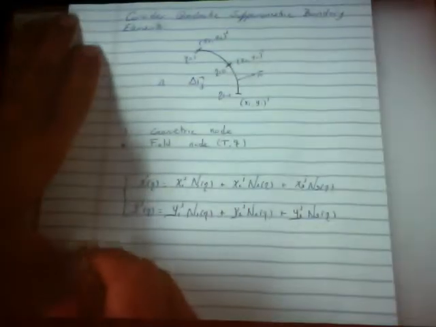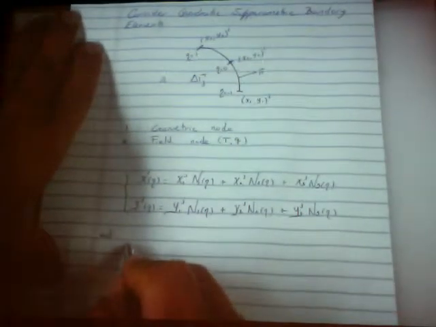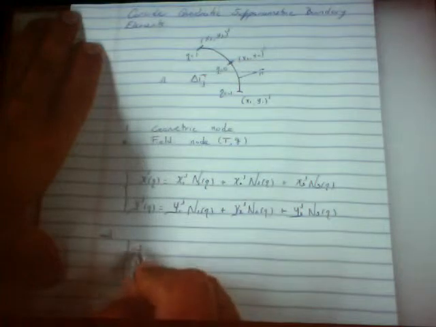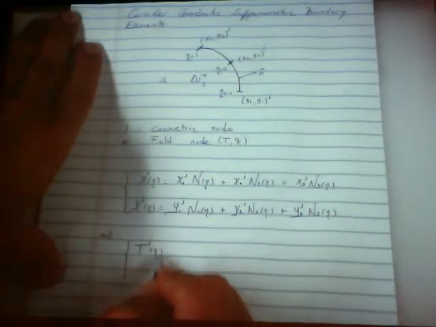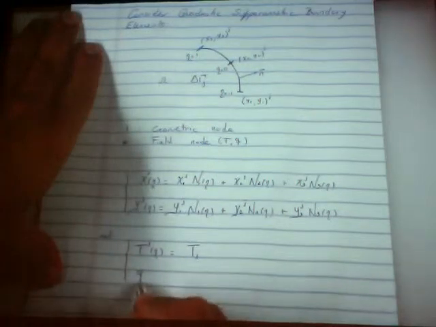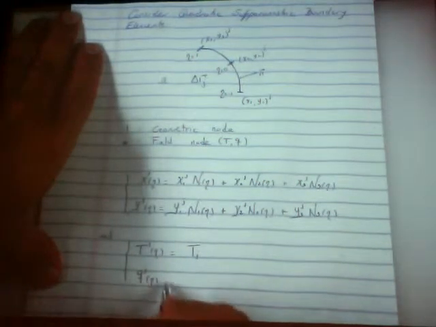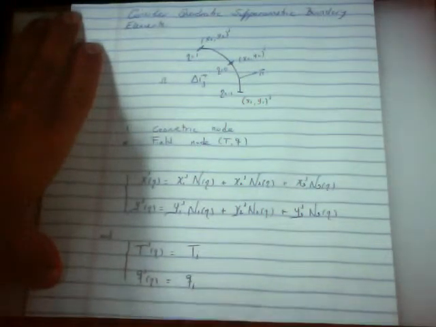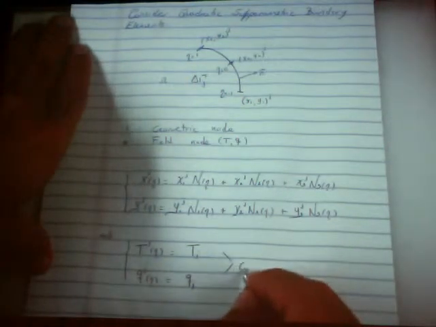And T of eta is just Tj, and Q is just Qj. Constant.